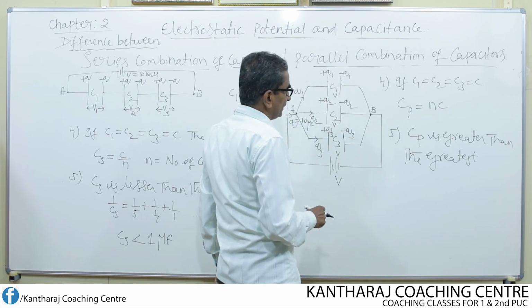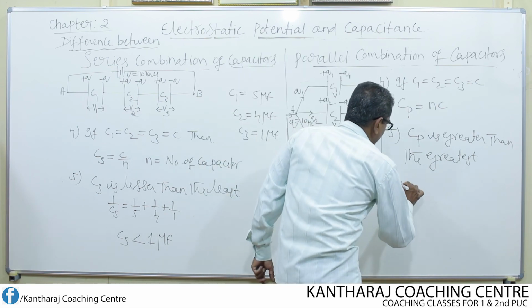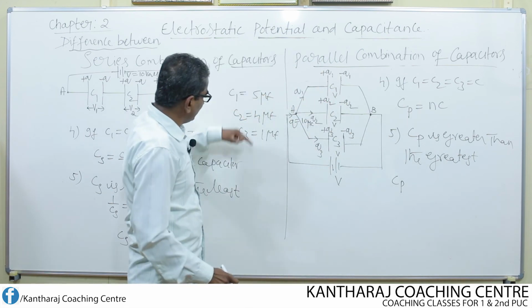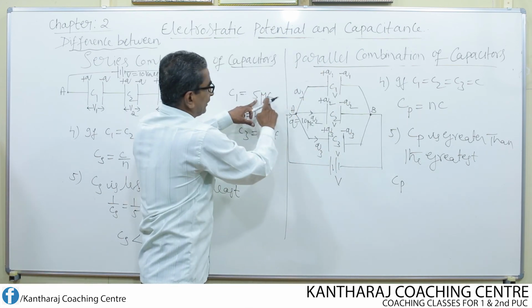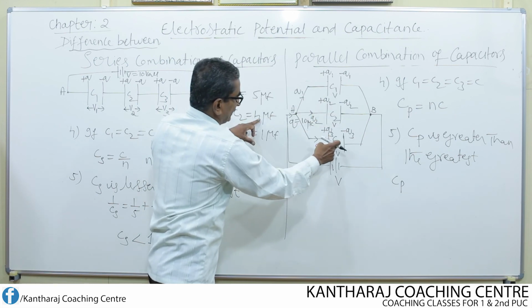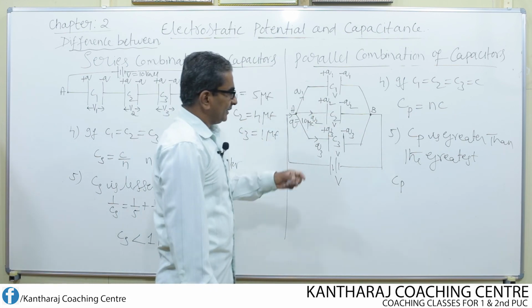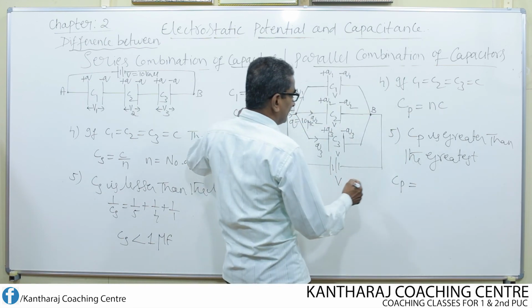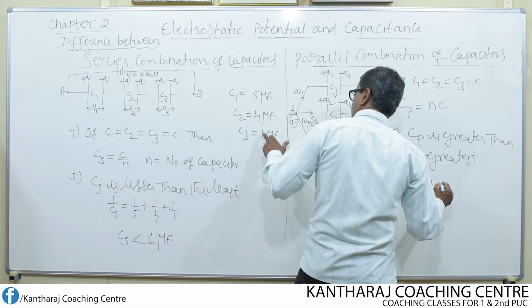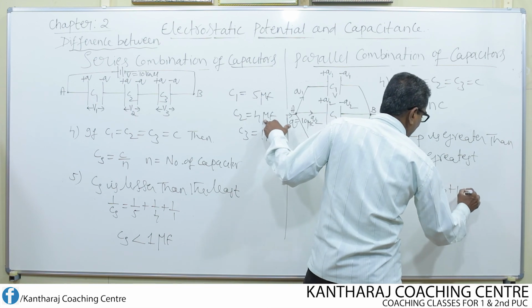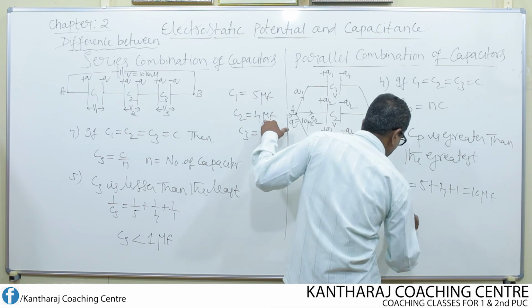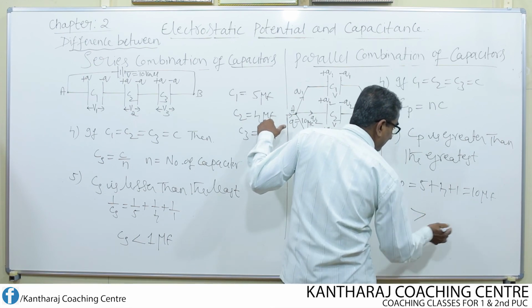Then, what does it mean? Find the effective capacitance of parallel combination for these values. Use the formula Cp equal to C1 plus C2 plus C3. C1 is 5 plus C2 is 4 plus C3 is 1, which is equal to 10 microfarad. That means Cp is found to be greater than the greatest.